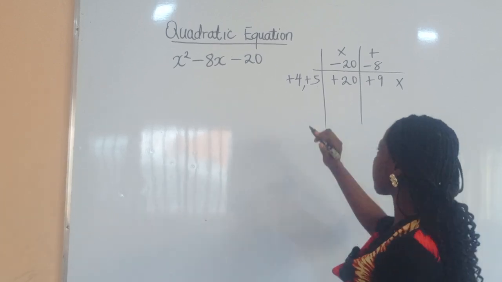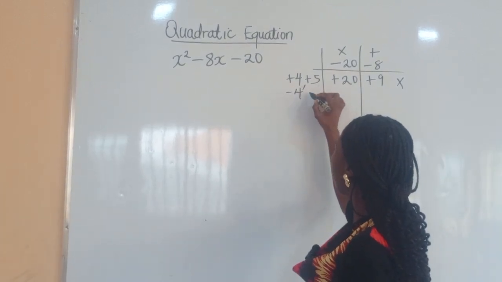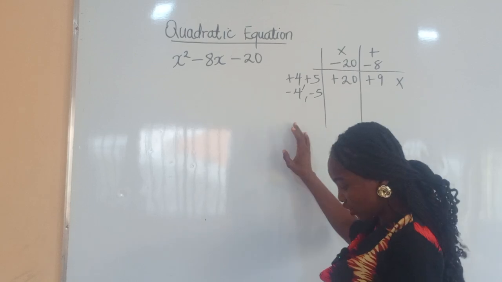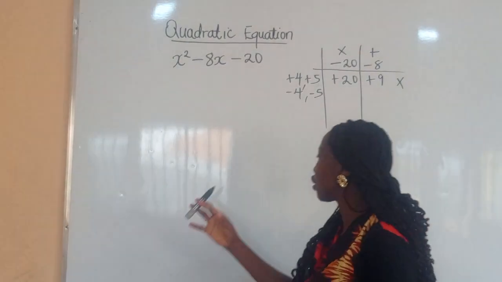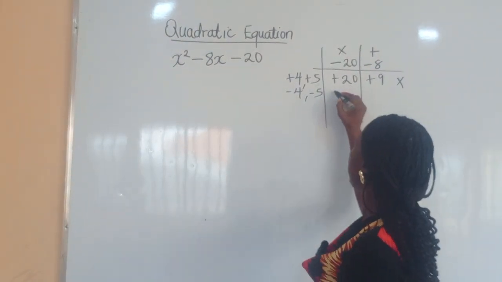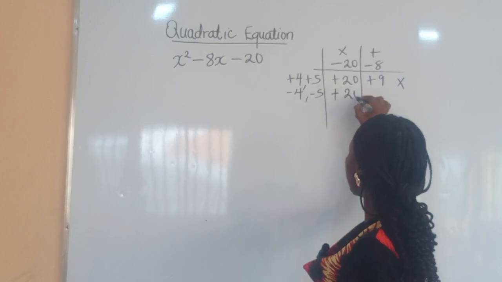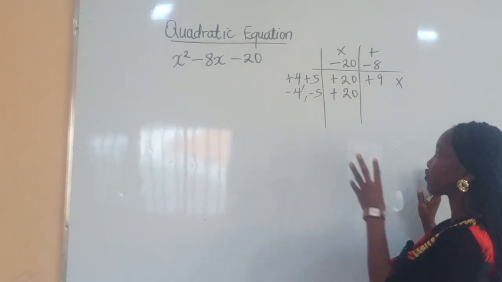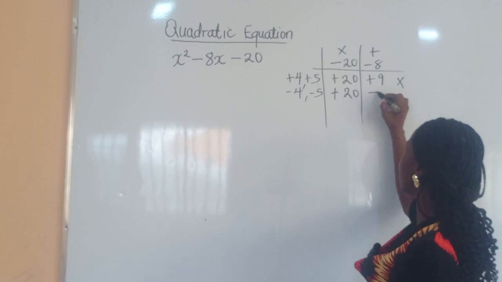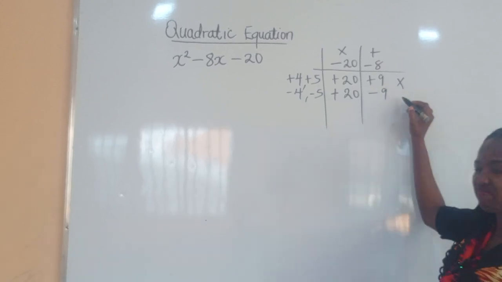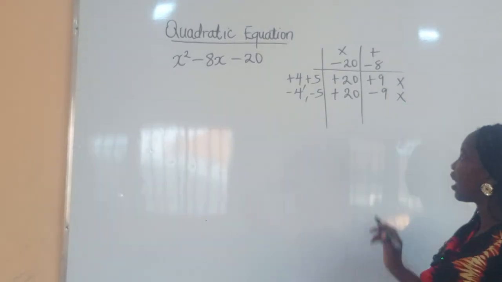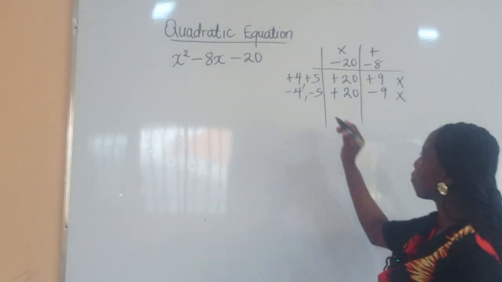Let me try the minus. Minus 4 minus 5. Minus times minus is going to give me plus 20, and minus 4 minus 5 is going to give me minus 9. Also wrong. Now let's see 10 and 2.